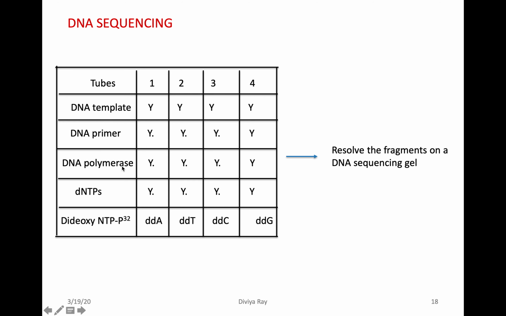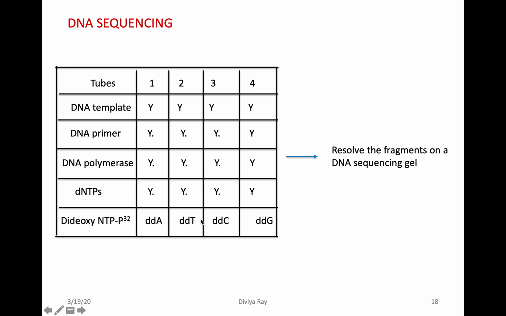You absolutely need to add DNA polymerase so that it can elongate the 3' hydroxyl end of the primer. You add all the dNTPs, A, T, G, and Cs, to each and every tube, 1 through 4. But the difference between the tubes is with respect to the dideoxy NTPs, which lack a hydroxyl group at their 3' position.